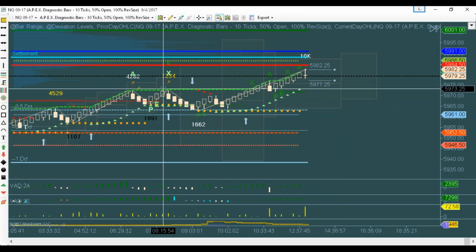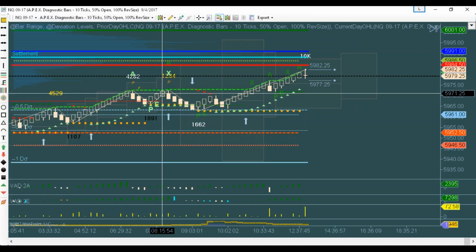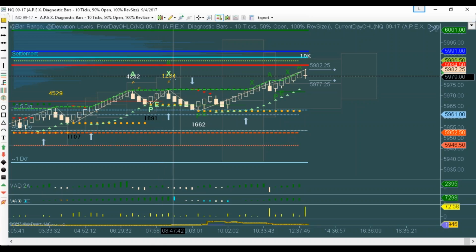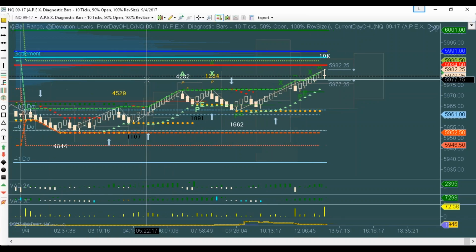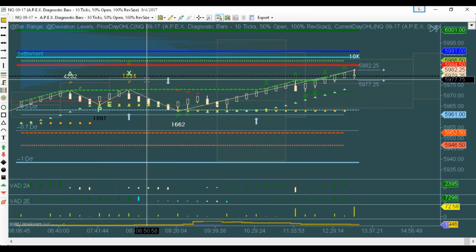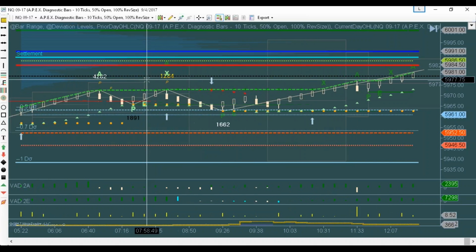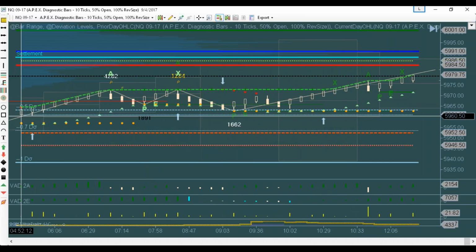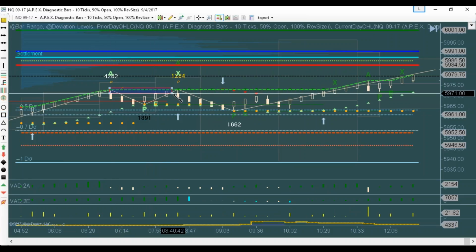The bar does not have to close for that number to turn yellow, and the bar does not have to close for you to get an audio alert. What has to happen is, in the background of the indicator, in a nutshell, imagine there's an algorithm that looks like that.